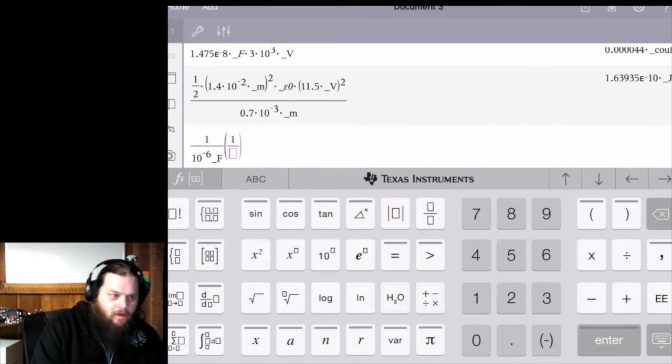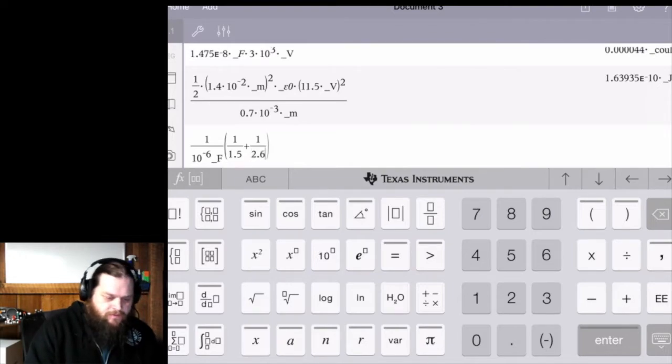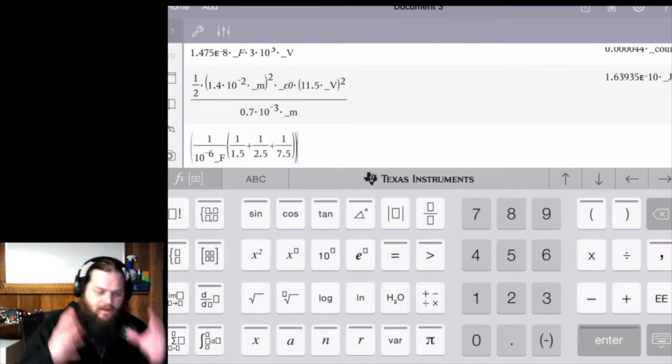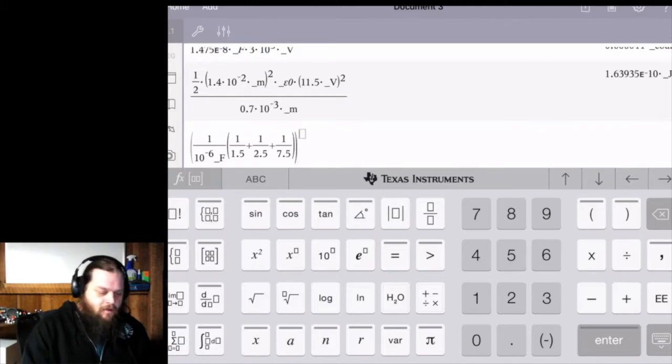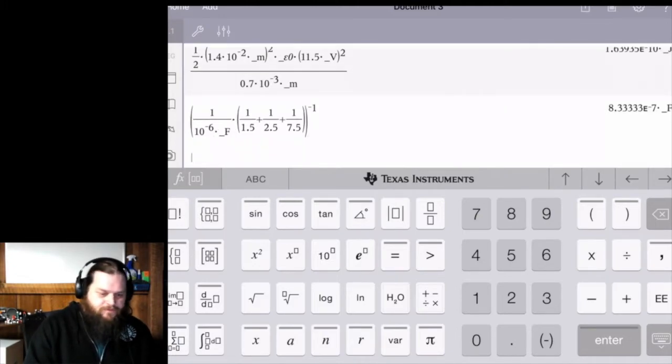And I can say 1 over 1.5 plus 1 over 2.5 plus 1 over 7.5. And then we're going to take this whole value now. So I'm taking it around that factored thing as well. We're going to take that to the negative 1 power. And we're going to end up with 8.33 times 10 to the negative 7 farad.